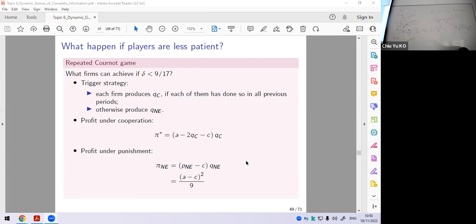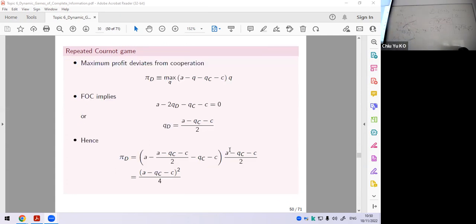If you deviate, your payoff is this one. A minus QC minus C over 4 squared. Okay.